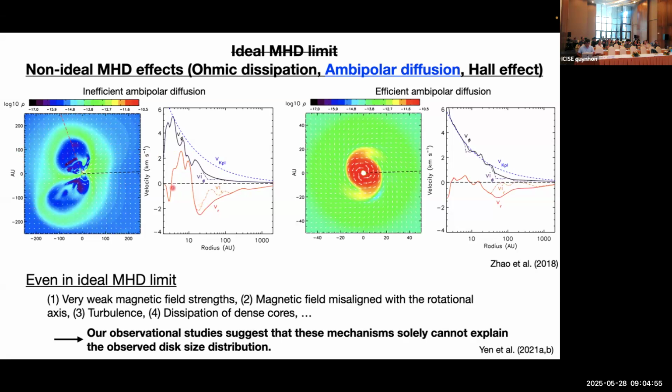You can see the increasing magnetic flux around the center disrupts basically everything, and no disk forms. And this is the other simulation for comparison, with efficient non-ideal MHD effect, and a nice disk forms with a radius about 20 AU. So in our work, we try to discuss if we include a non-ideal MHD effect, can the model reproduce what we observe?